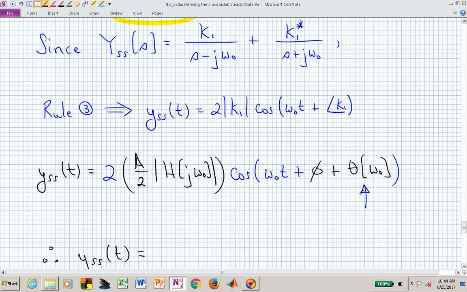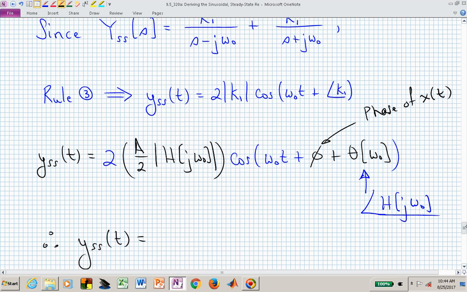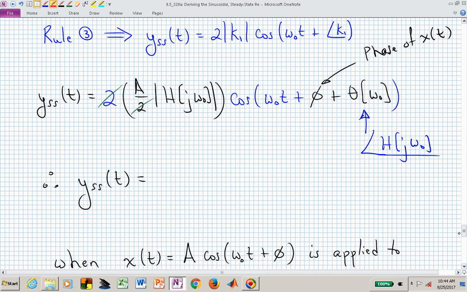Again, this is just the angle of H of j omega naught. And this phi, remember, phi was the phase of our original excitation, x of t. And we can clean this up a little bit. This 2 cancels that 2, and now we have the formula that we had set out to derive.